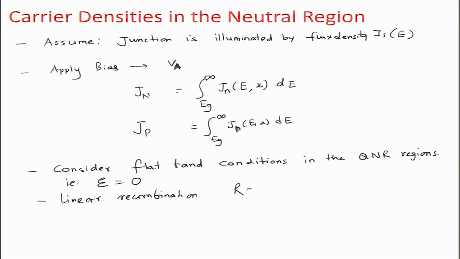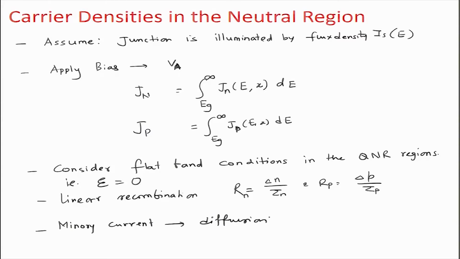That Rn is equal to delta n divided by tau n, and Rp is equal to delta p divided by tau p, right. And finally, we say that the minority current is mainly diffusion controlled, so it is essentially a diffusion controlled current for minority carriers.